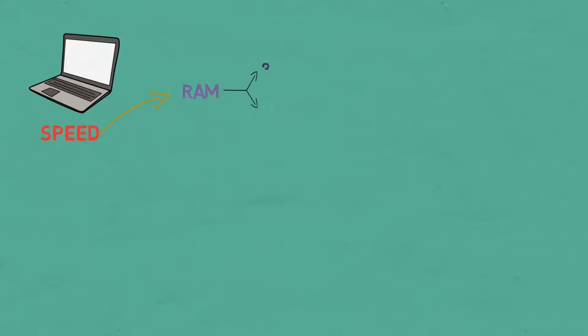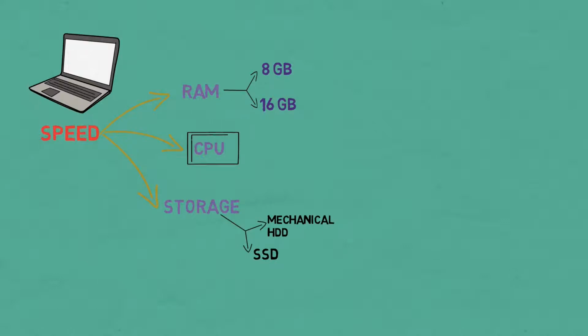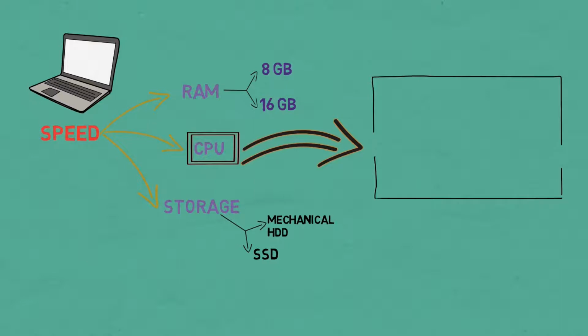And the speed depends on other factors such as the CPU, and secondary storage, whether you're going to use a mechanical hard disk or solid state drive, etc. But imagine all of these factors held constant except CPU, then the speed depends primarily on the CPU.